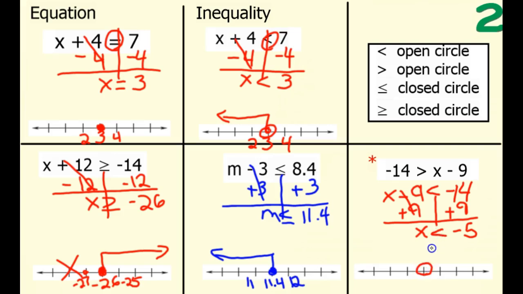And the arrow is now pointing to the left, so we can draw an arrow to the left. Negative 5 goes below our circle. On either side, the greater than, or the higher number would be negative 4, and the lower number would be negative 6. So anything that is less than negative 5 would answer our equation.